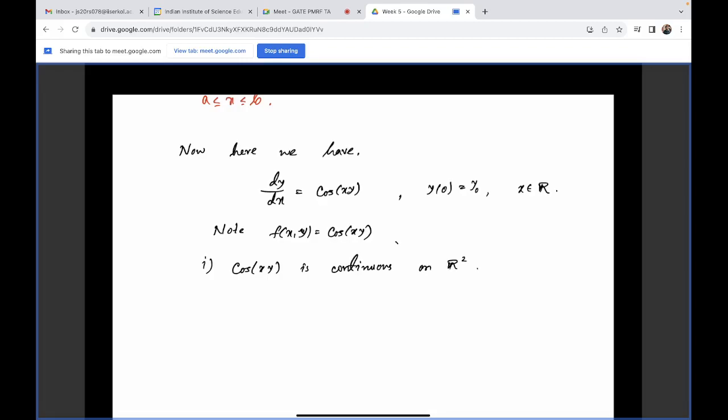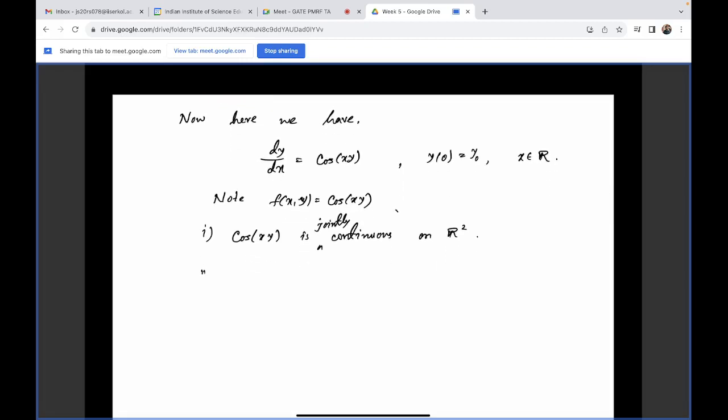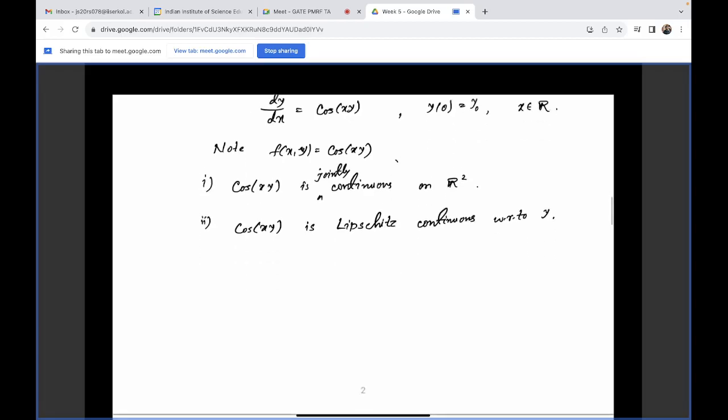And for the second assumption, we have to check that cos(xy) is Lipschitz continuous with respect to the second variable.